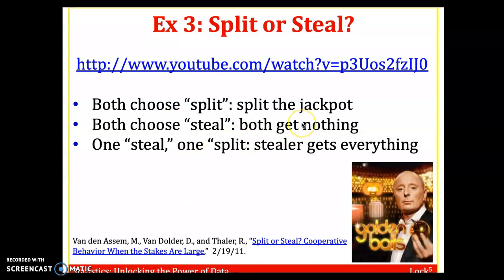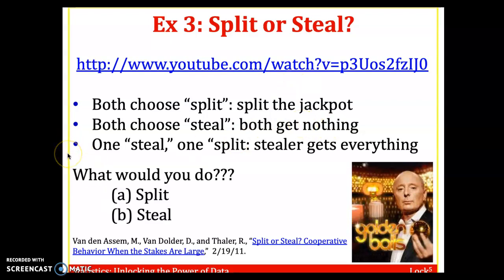I've studied that in a philosophy class or game theory. The idea is, what would you do? Would you split, and if the other person picks split, you split your money, or would you steal and get the whole thing or nothing? Maybe we'll do a vote on this next class when we meet.